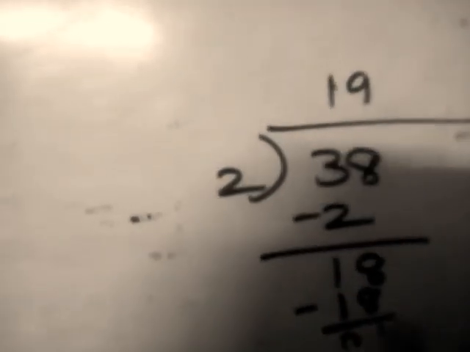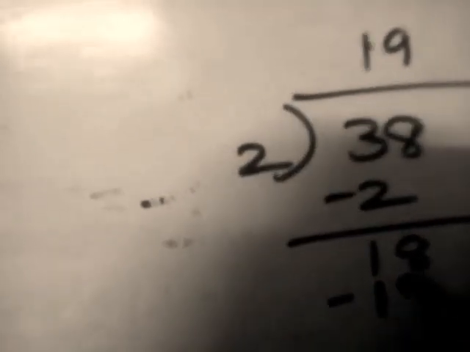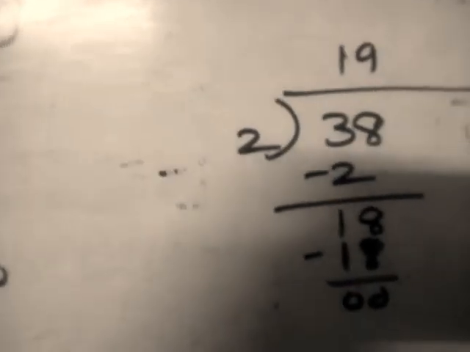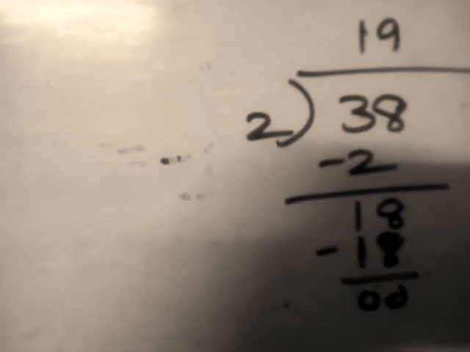Look here, 2 ones are 2 and 2 nines are 18. So it is divisible by 19. 38 is divisible by 2 and 19.